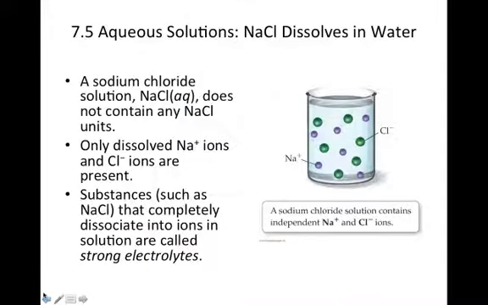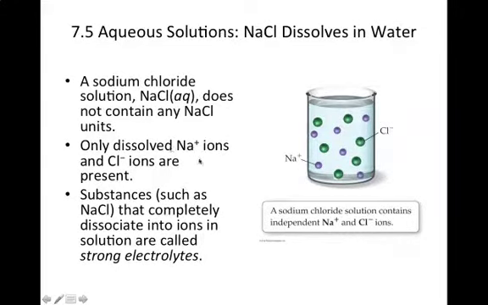When we have a sodium chloride solution, the sodium atoms and the chlorine atoms come apart and they interact with the solvent, or the water molecules. So the water molecules actually pull those two ions apart, and we have the cations and the anions dispersed throughout the solution.